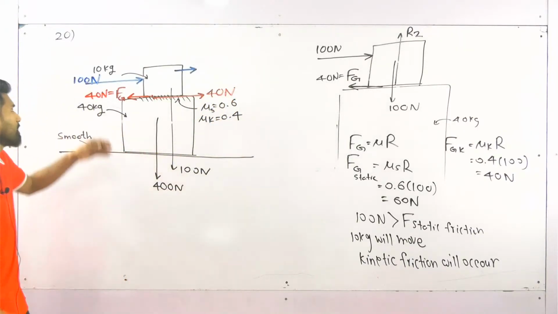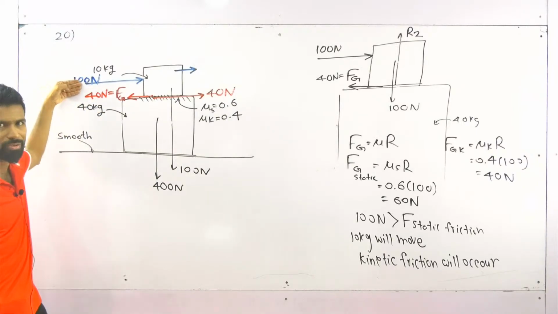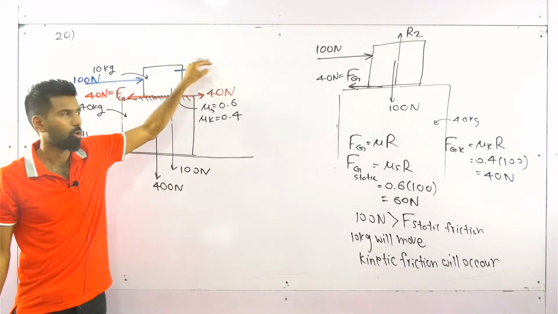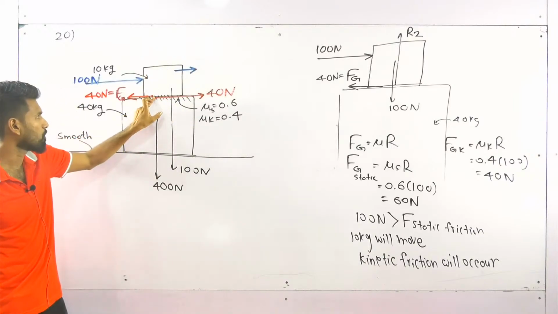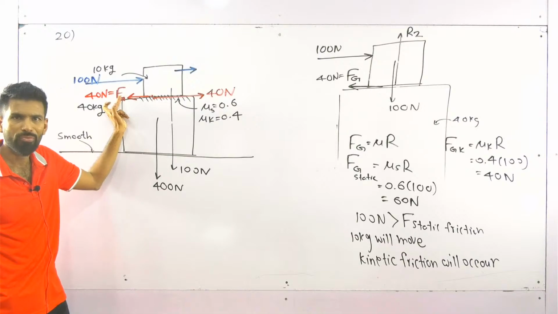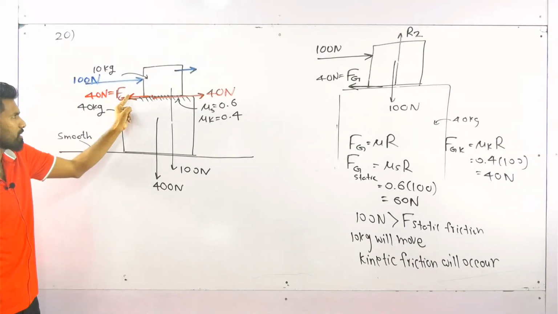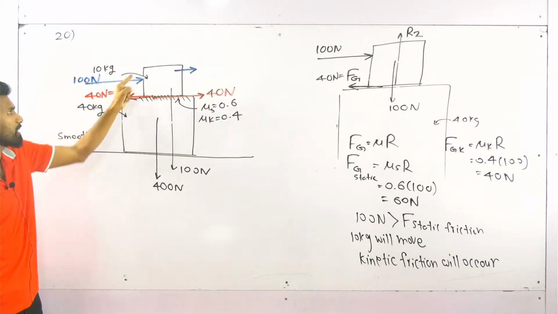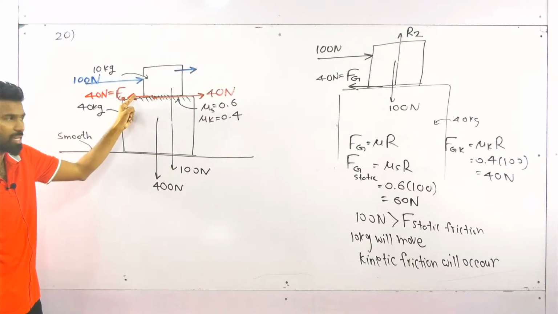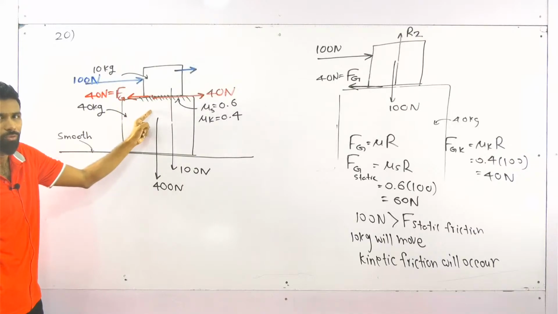I'll say it again. You are trying to move the 10 kg mass in the rightward direction. So on the 10 kg mass, friction is born in the leftward direction with the 40 Newton value. All the forces are born with an equal and opposite reaction. So this backward friction on 10 kg can be considered as the force acting on 10 kg by 40 kg.